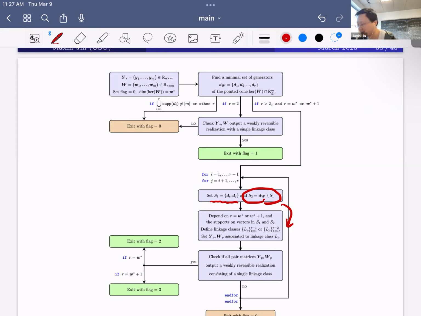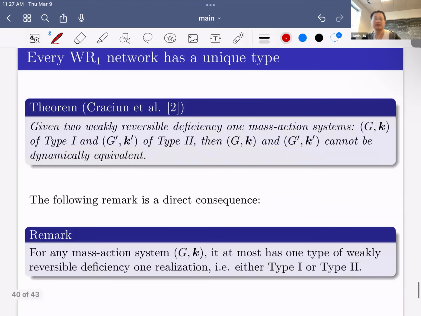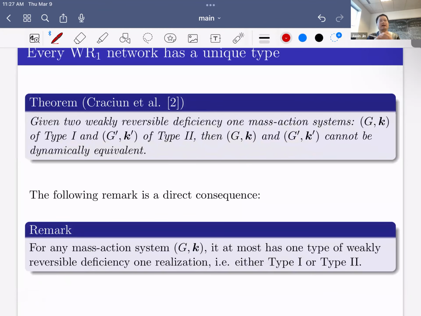This is almost done. Finally, we are able to show that in the WR network there also exists some uniqueness. In the same project, we are able to show that a mass action system cannot have both type 1 relations and type 2 relations. So in terms of type, it still keeps the uniqueness.